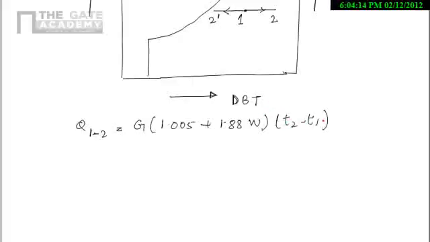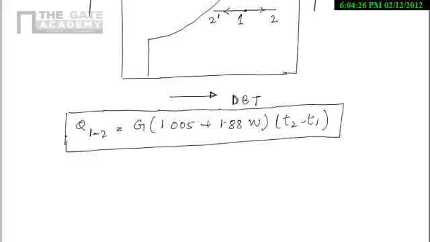That is for sensible heating. Similarly, the same kind of formula we can use for sensible cooling also. So remember one thing, Q12 for sensible heating is G(1.005 + 1.88 W)(T2 minus T1).